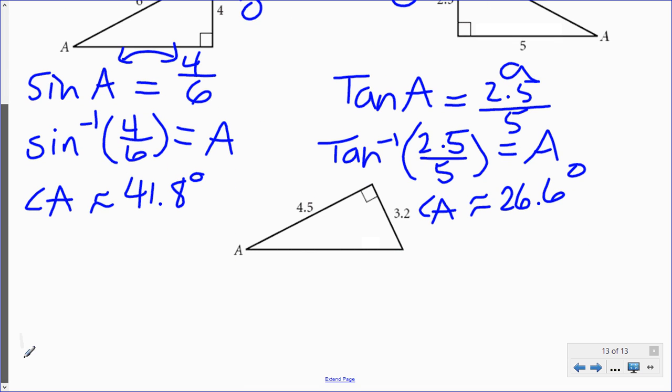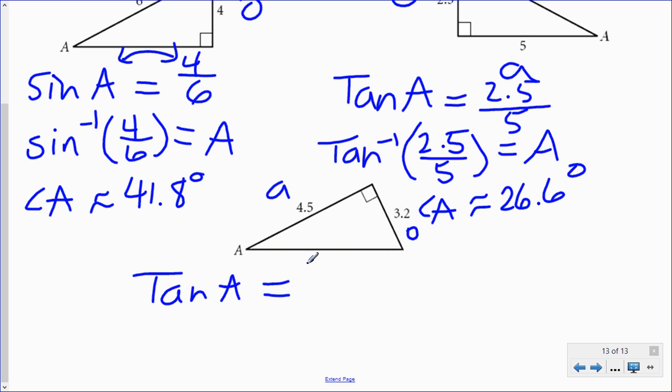Okay, last one. Start by labeling your sides. So this one, the 4.5 is adjacent, the 3.2 is opposite. So again, we would use tangent. Tangent of angle A equals opposite, which is 3.2, over adjacent, which is 4.5.